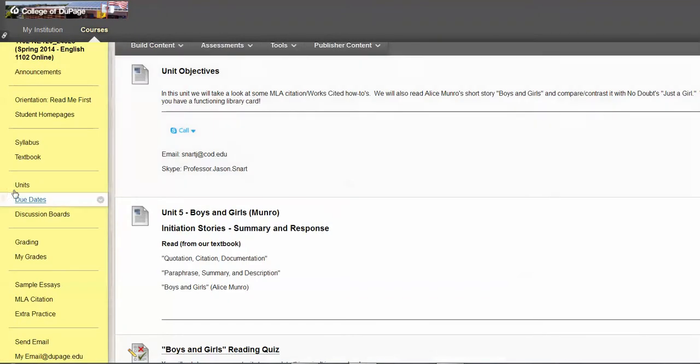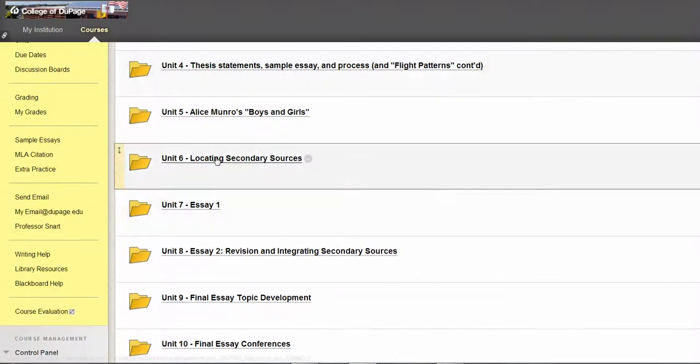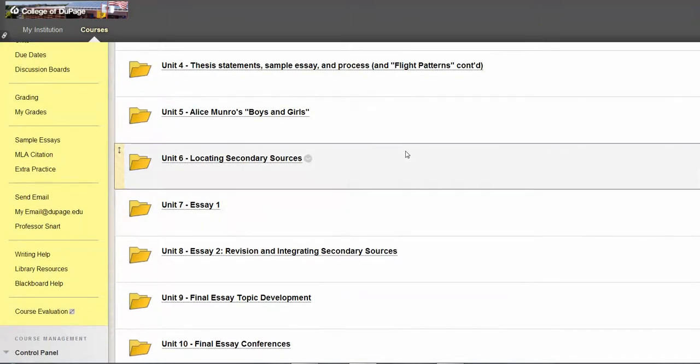Speaking of which, now is a good time to look ahead to what's coming up for us. We'll have one more unit after Unit 5 here, focused on locating secondary sources, kind of again the research part of the class. But you'll notice after that we get into the first essay assignment. So it does come sort of late in our course, especially when you consider that we're just an 8-week course.